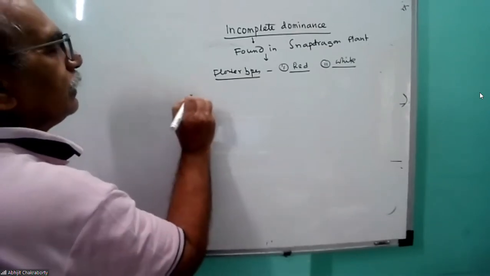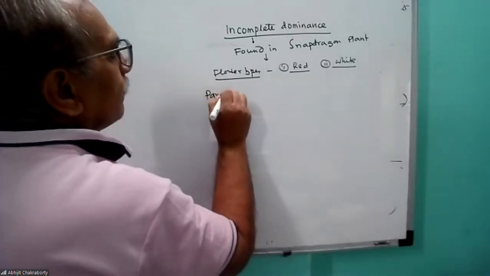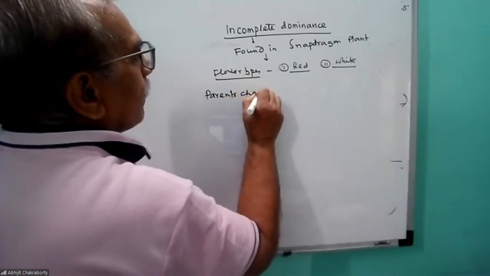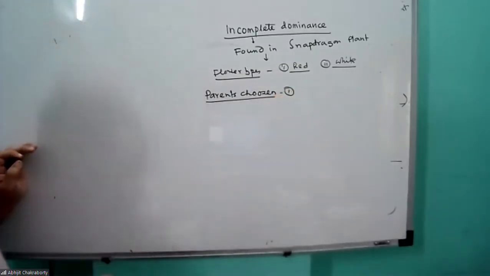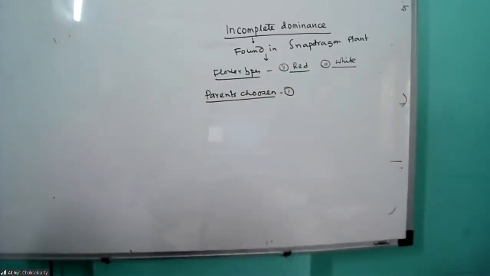Now, the parents chosen: a true breeding red flower Snapdragon plant.